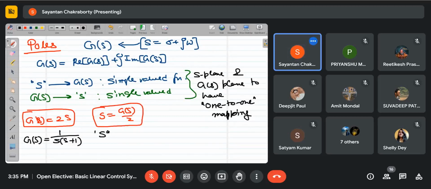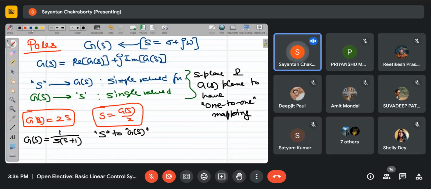From s to G(s), what about the mapping? For each and every value of s, G(s) will have some value, right?